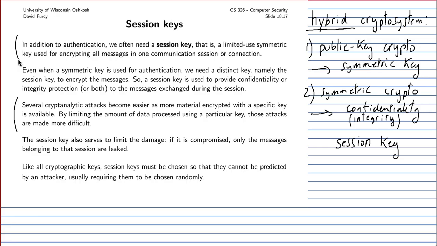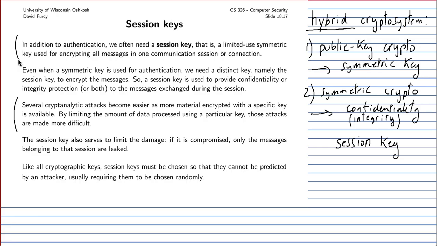For example, if you are making a transaction on Amazon, each transaction could be considered a session. So you connect to Amazon, you pick an item, you add it to your cart, you check out. That could be a session. And the next time you go on Amazon, it's a different session.